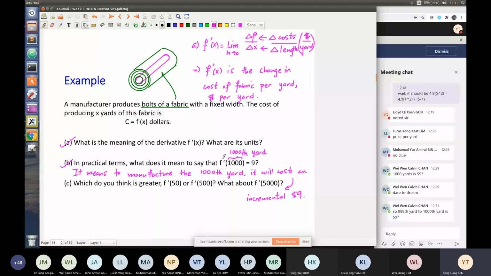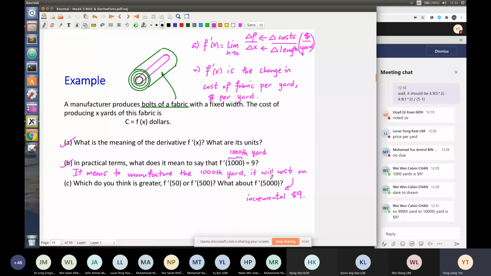Okay, of course, I'm using approximately here because this f prime is actually an instantaneous change. So when we say the 1,000 yard, which means 1,000 to 1,001, we are taking an average already, right? So therefore, it's approximately $9 to make 1,000 to 1,001, or as what Kevin said, you can say 999 to 1,000 is also conceptually correct. Okay, so therefore, which do you think is greater, f prime 50, f prime 500, or f prime 5,000?